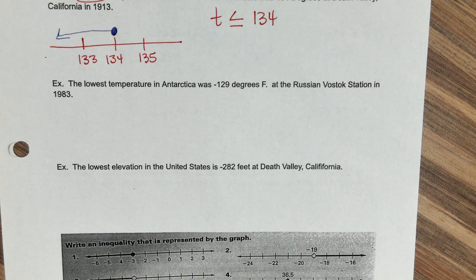The lowest temperature in Antarctica was negative 129 degrees at the Russian Vostok station in 1983. I want you guys to try to set this up on your own. Use the variable T for temperature.